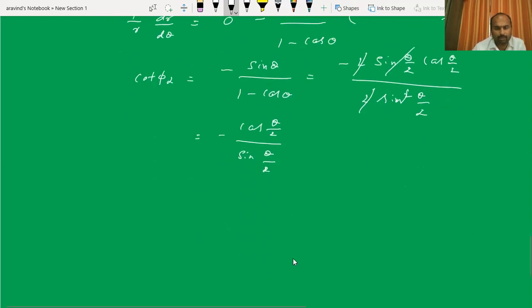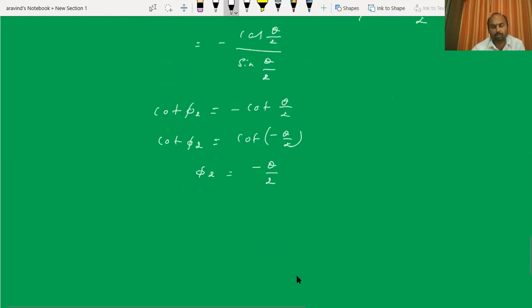Cos by sin is cot. So cot phi 2 is equal to minus cot theta by 2, that is, cot phi 2 is equal to cot of minus theta by 2. So therefore phi 2 is minus theta by 2. So we got both the angles phi 1 and phi 2.